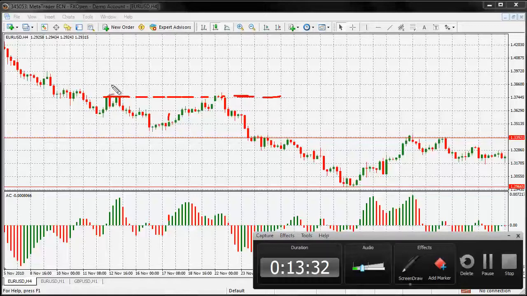So we take a look. This is the resistance level, and this is an area in the market where the market has turned around and says, hey, we don't want to go up any higher than this, we prefer the prices to come down. And as it's come down, the bears have come in, and said, no, we don't want you to go any lower, go up higher.